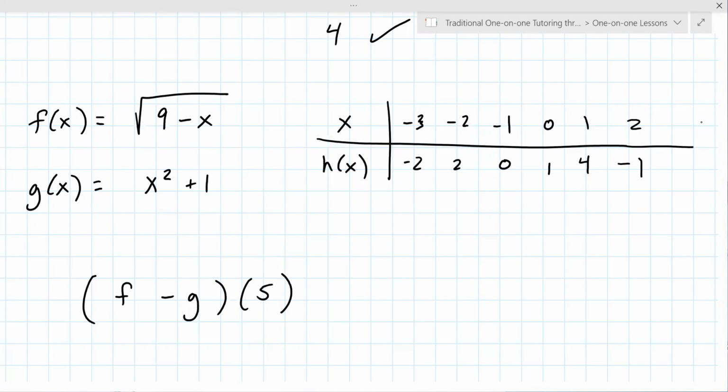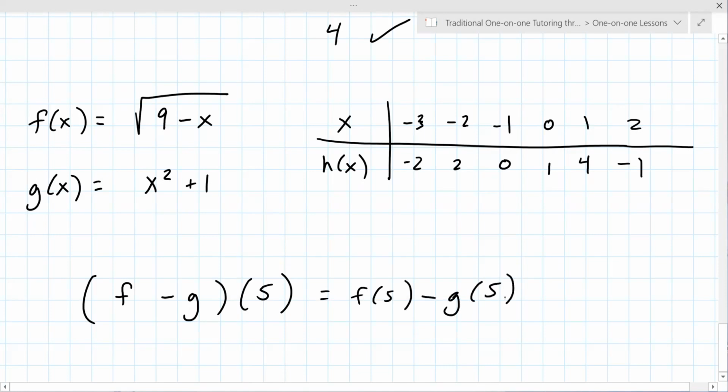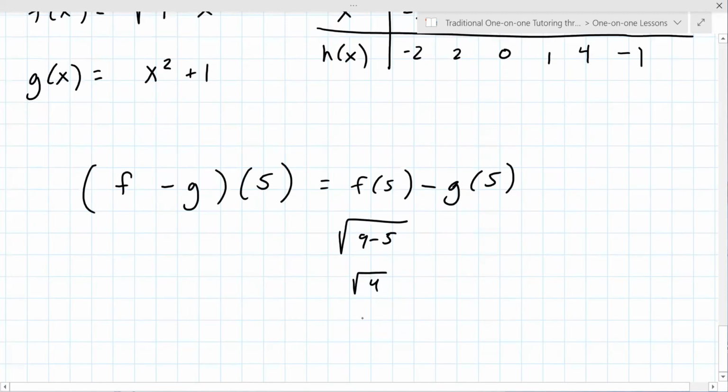So f of 5 minus g of 5. f of 5 is the square root of 9 minus 5, which is the square root of 4. And that's 2.